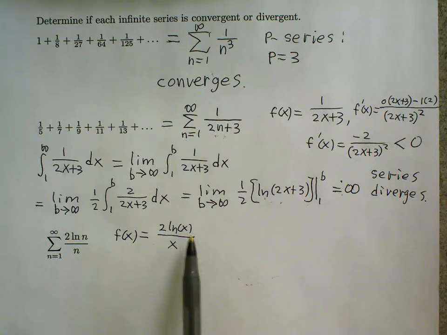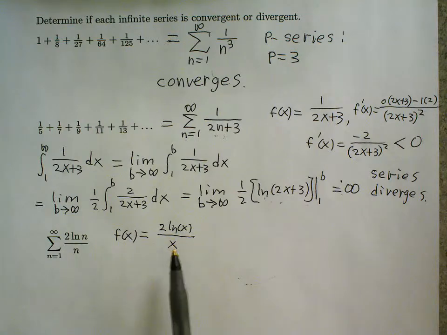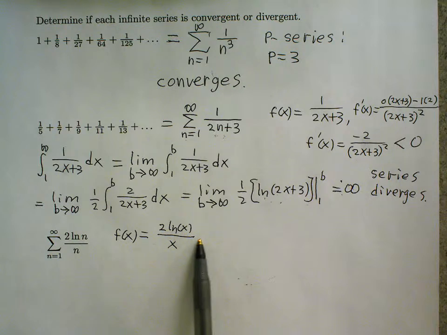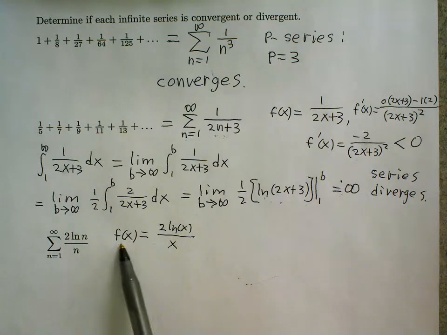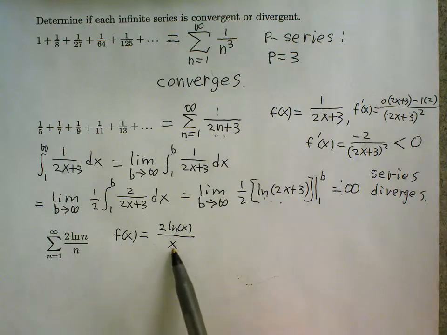For x greater than or equal to 1, f of x is greater than or equal to 0. So it's only 0 when x is 1, and after that it's positive, and it's continuous. In order to use the integral test, we would have to verify that this function is decreasing. So if we can show that the derivative is negative for x greater than 1, then we'll know that this function is decreasing.